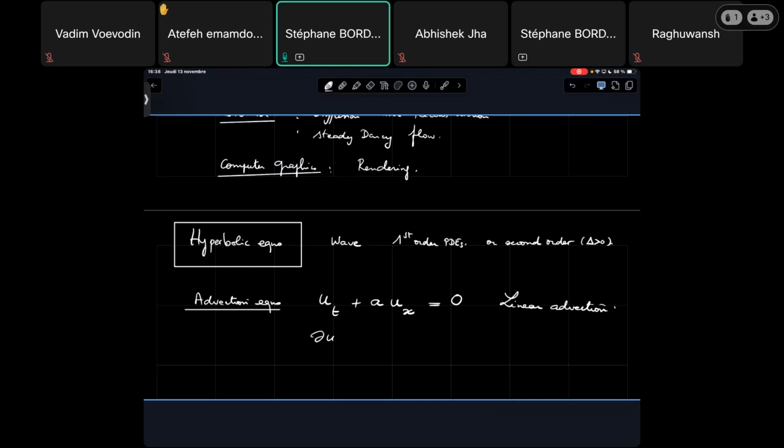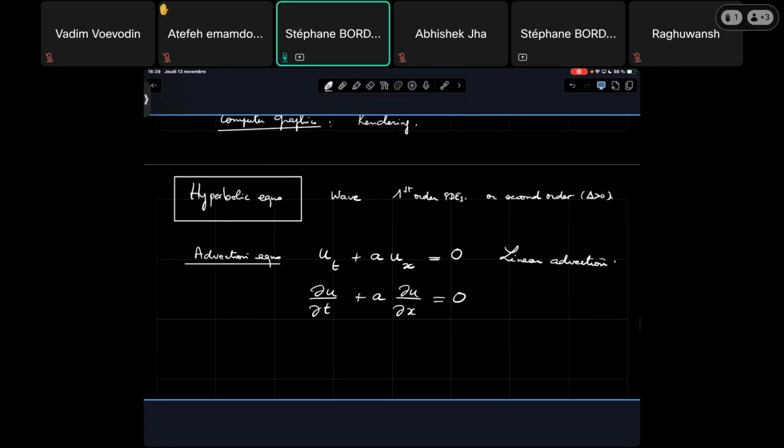Again, if you write it more conventionally, that's partial u partial t plus A partial u partial x equals 0. And we may, if we manage, rewrite that a little bit using characteristics a bit later if we have some time and if I think this is a good thing to do.